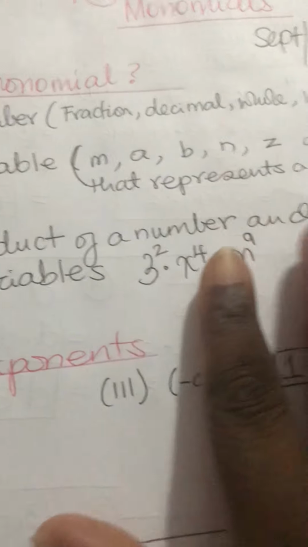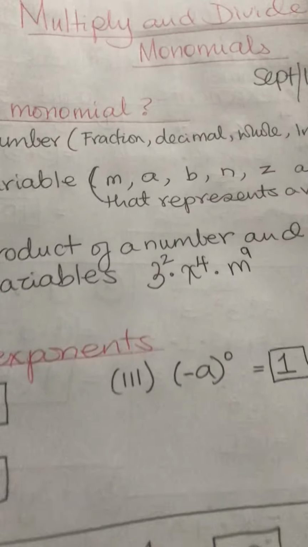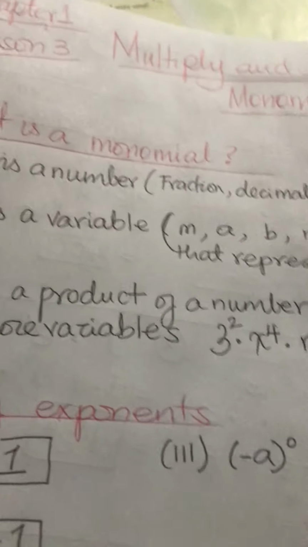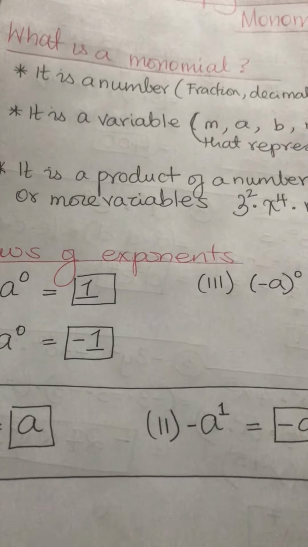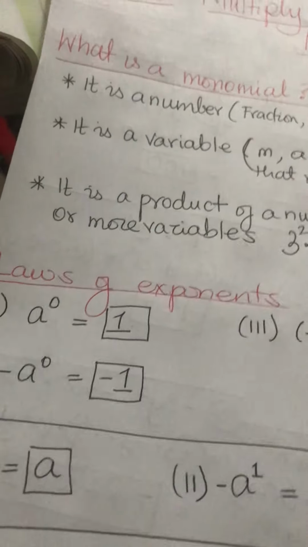Now, we need to understand some laws of exponents in this lesson that will help us solve whatever questions we will be given under this chapter, under this lesson, and more.